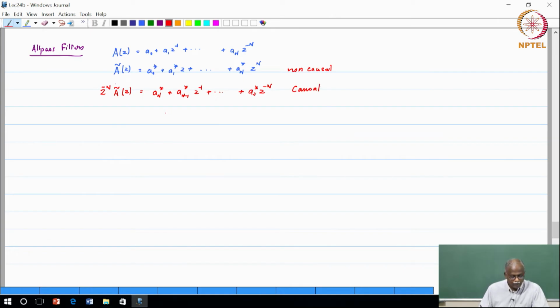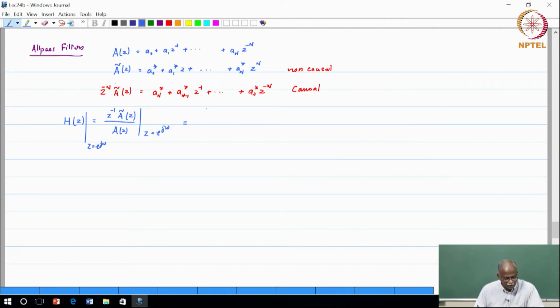Now, here is the key result. If I tell you, please look at a transfer function of the following form: z to the power minus n times A tilde of z, divided by A of z, evaluated on the unit circle, z equal to e to the j omega.